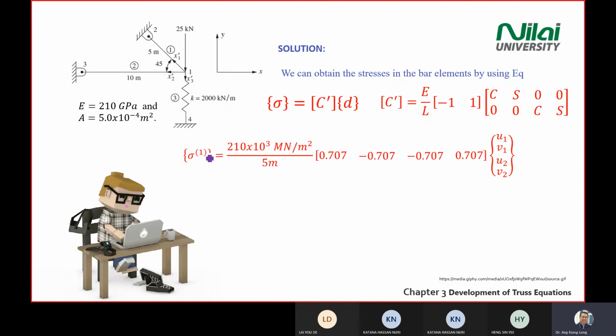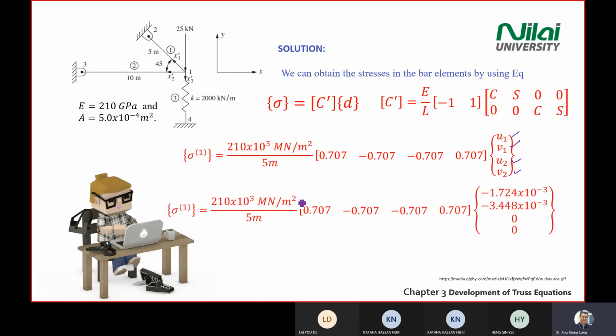Stress 1, and then you put in all the values. E is given, L is given, cosine you can find just now, and then you put in the displacement accordingly. You already found your displacement, 0.1, 0.2, all this, and then you put inside there, you solve the equation, you find stress 1.